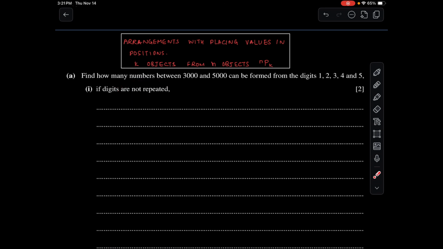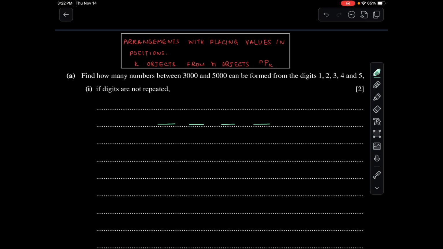So now we know that this is a 4-digit number. So we have to find how many different numbers can we make or are there between 3000 and 5000.